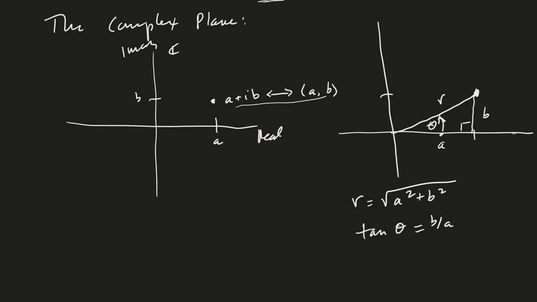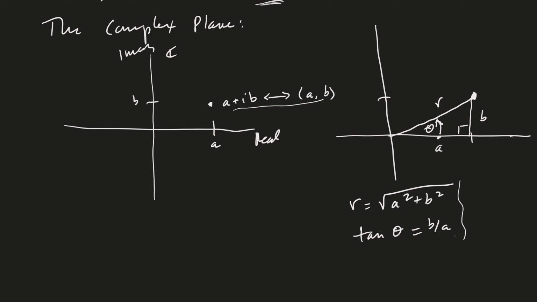This is normally how we would write things in the polar coordinate system, but you do have to be careful, right? Because your a could be 0, for example. Graphically, what's going on if a is 0 and b is not? If a is 0 and b is not, that means you're up here at pi over 2, right? And so you do have to be careful about this.